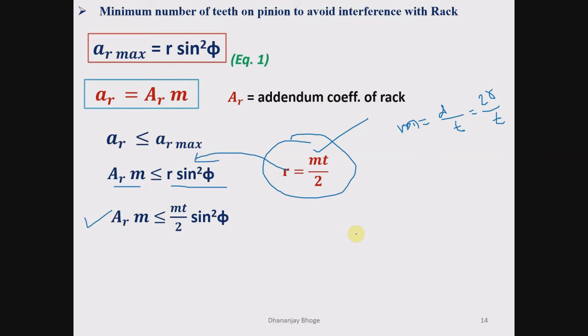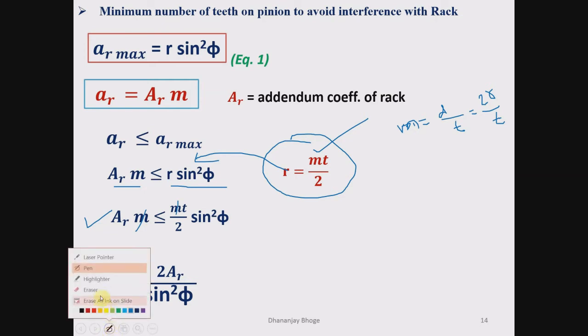Now we are interested in finding t. So we will take t to one side and all of the remaining terms to the other side. Before that, this gets cancelled. We get a new equation for t. Take t to one side because we are interested in finding the minimum number of teeth.